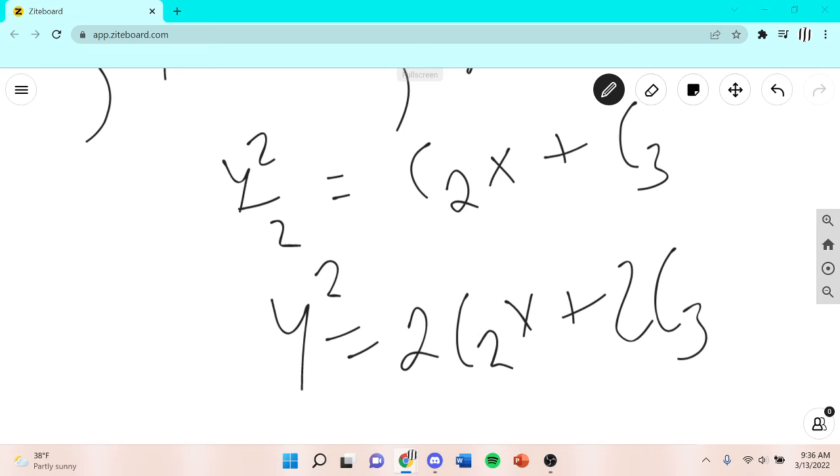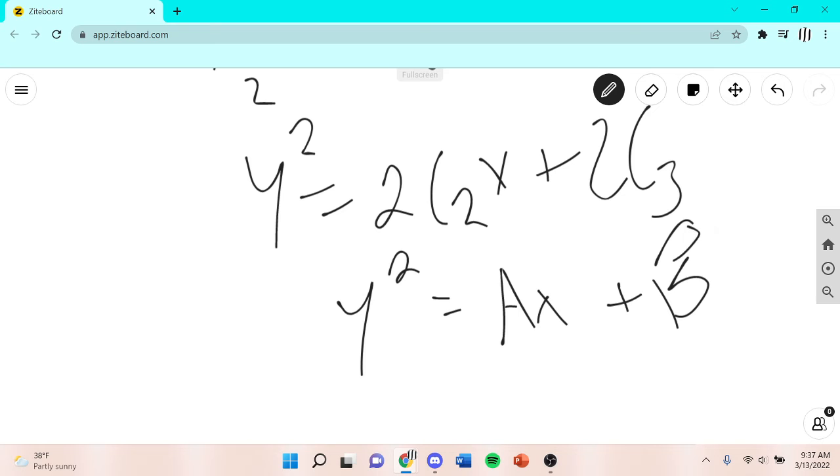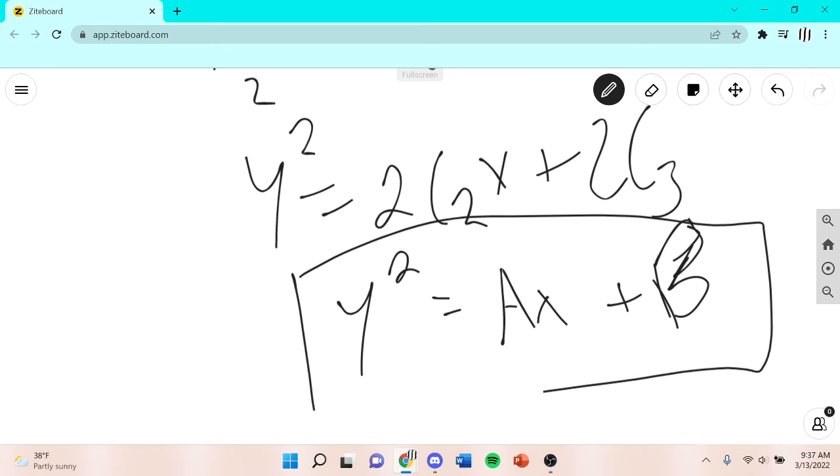So I guess you should keep it in the form of y is equal to ax plus b. I don't think you should take the square root here because of the positive, so I think this is how you leave it. So yeah, that's the second method.